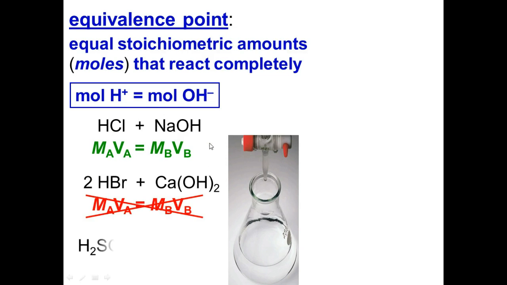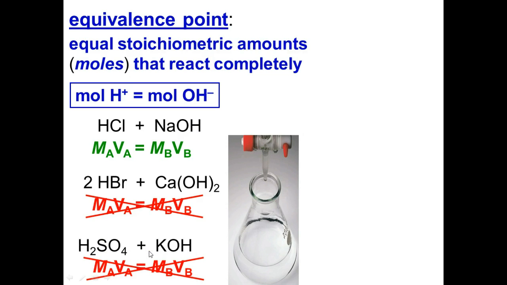In the third one we also cannot use it, because even though both of them have one coefficient, this one has 2 hydrogens and this one only has 1 OH, so they're not equal at all either. So remember, when you're using coefficients and subscripts to tell, a key thing is that they both have 1 as their coefficient and they have no subscripts, and that's when you can use this formula for sure. This one you cannot use because there's 2 hydrogens for every 1 OH in 1 mole. So this would have a different mole-to-mole ratio.